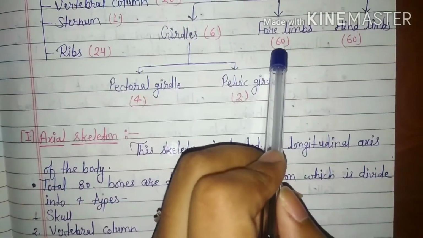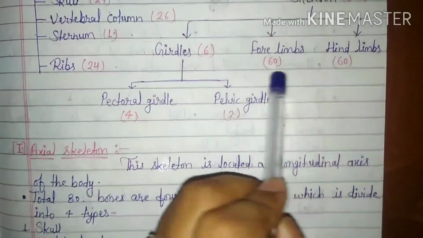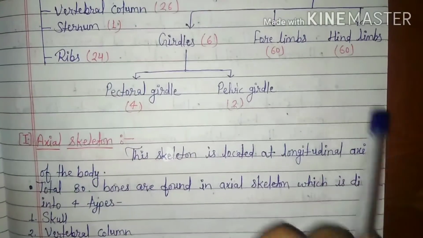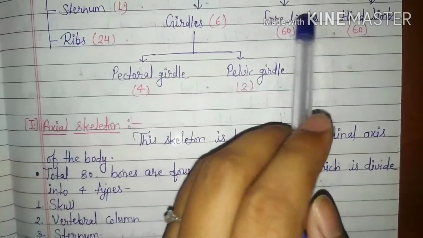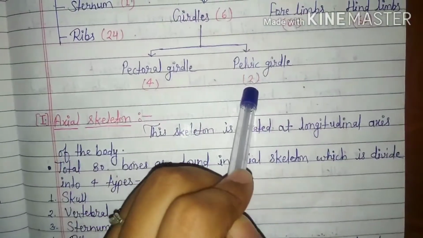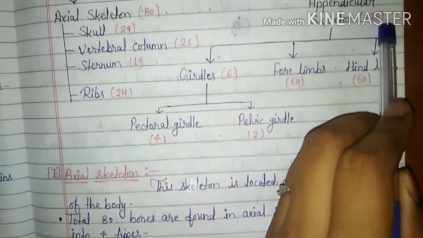In forelimbs and hind limbs, 60 bones are present each. So total 6 plus 60 plus 60 is 126 bones.